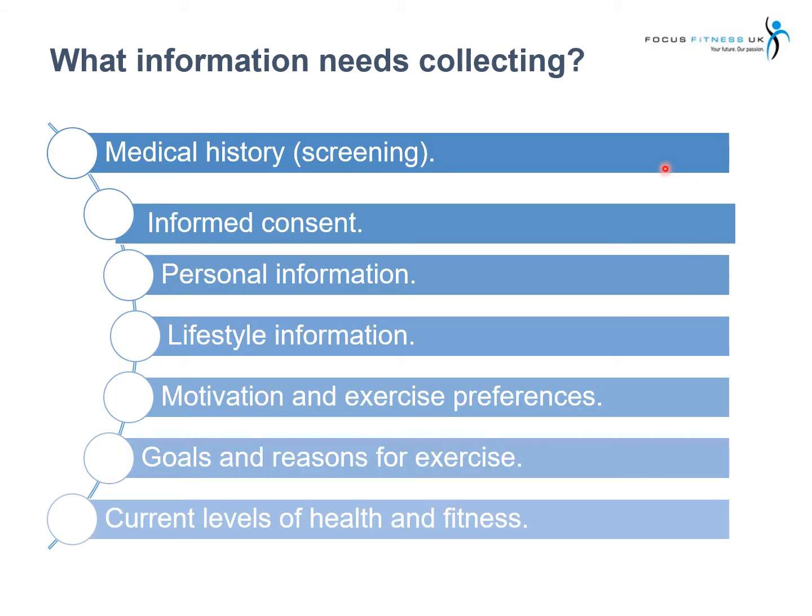You might have come up with things like this: medical history, and this helps to screen people. Screening means in or out, you're either fit enough or not. Informed consent, so have they agreed to exercise?